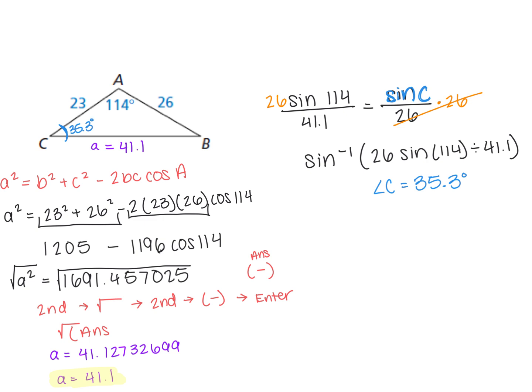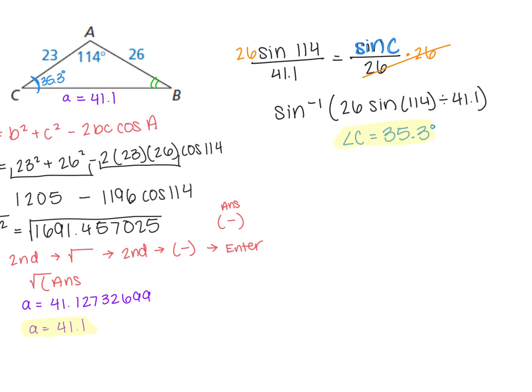Okay, questions on how I got here? All right, now I can easily find angle B. How can I find angle B? Good. Add my two angles, subtract from 180, or you could just subtract everything from 180.